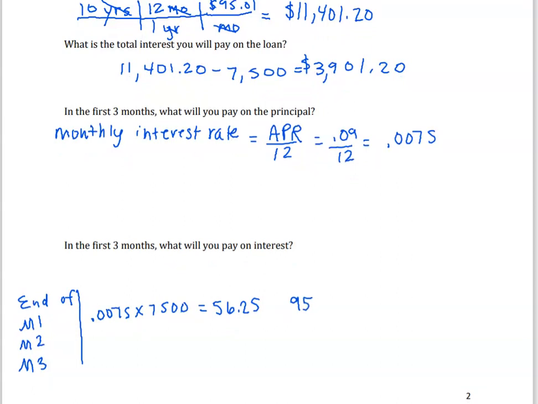Really we've got our $95.01, and we subtract off the interest because that doesn't go towards our payment. So we're really only paying $38.76 on the $7,500. This is the payment towards the principal.